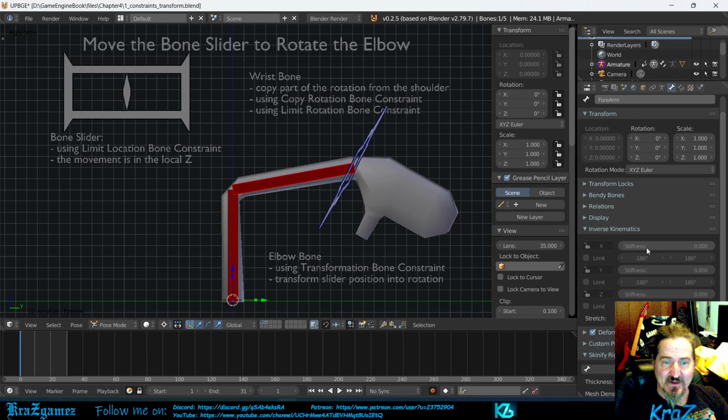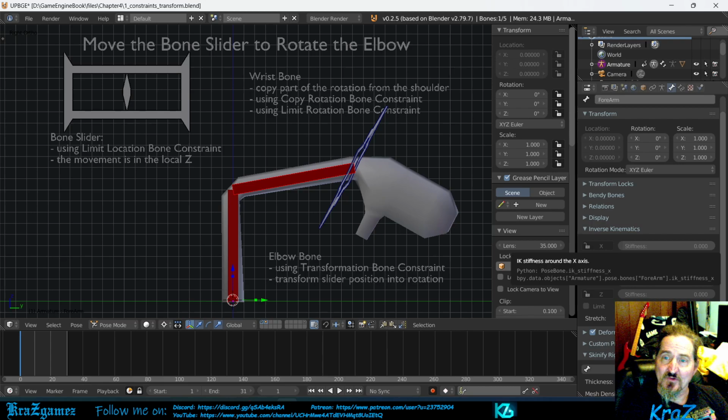So for limit, that's these guys right here. When you click limit, you can limit it however you want. So in the arm, you need to make sure that the bones behave as real bones would. For example, in real life, you can't twist the elbow above certain limits.